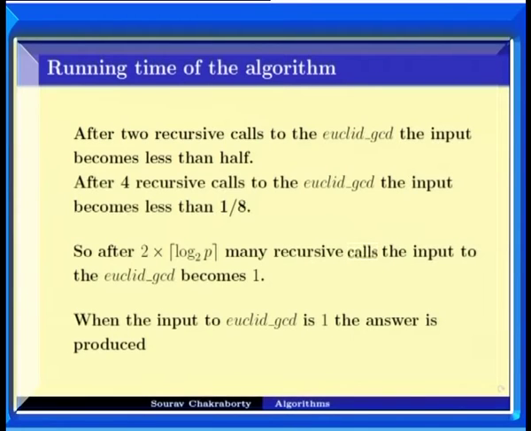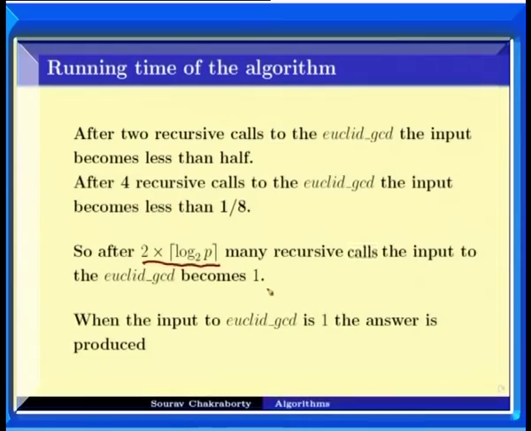So what happens here? Either one of two things can happen. During these 2 times log P base 2 recursive calls, either we will hit upon a place where the first input, P in this case, will divide Q. The first input will be dividing the second input.